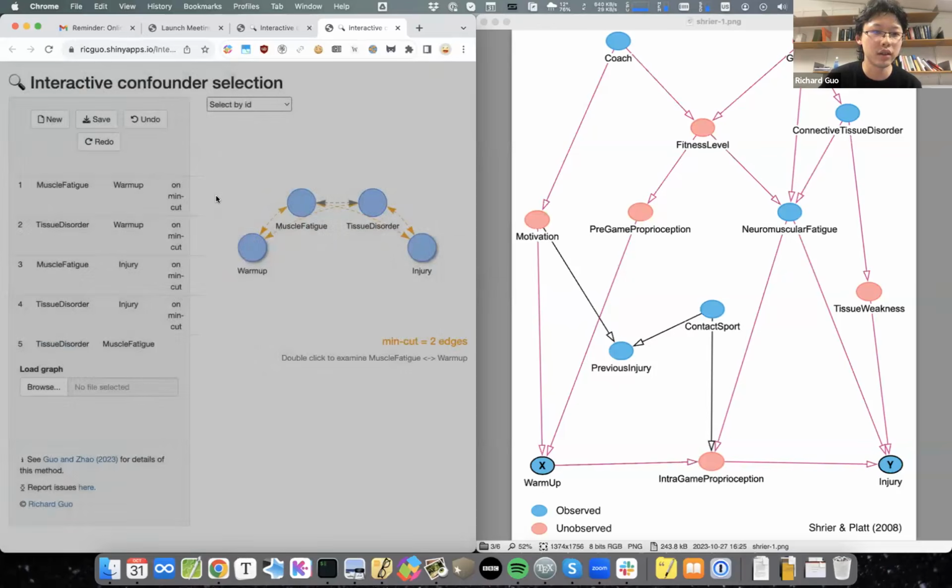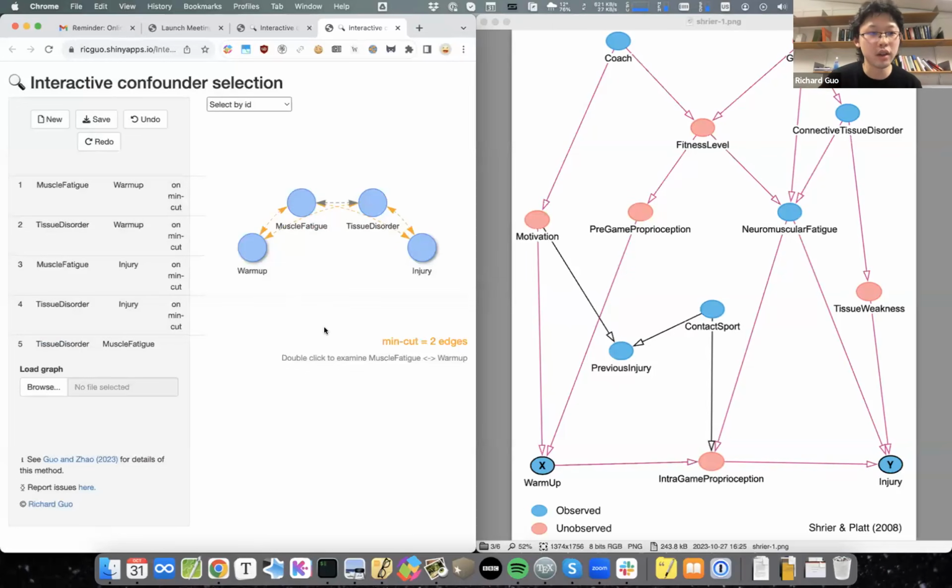I say yes. So what it does is remove the bidirectional confounding arc between the variables and introduce muscle fatigue and tissue disorder onto the canvas. At the same time, it also introduces five edges, including these two edges, those two edges, and also a bidirectional edge between muscle fatigue and tissue disorder.